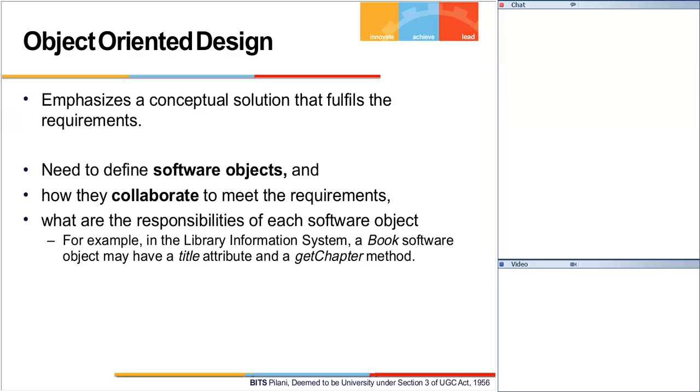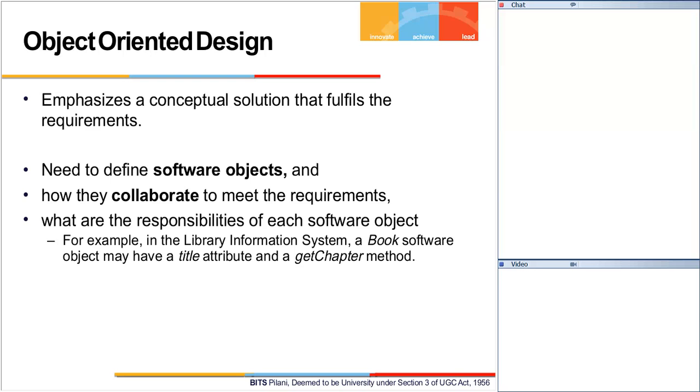So the real world objects do get changed into the software objects as well, along with the addition of a large number of additional software objects which might be required in order to implement the software as such, right? So it is very important that at this particular time you are able to distinguish between what is analysis and what is design.